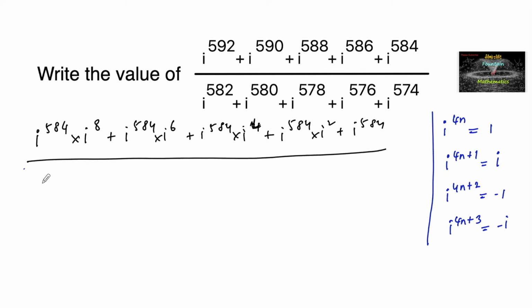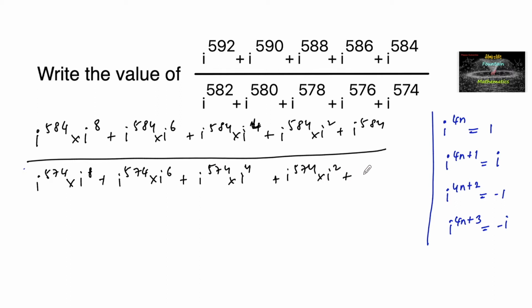Similarly, in the denominator, we can write i to the power of 580. The smallest power is 574. Let me write 574. So i to the power of 574 into i to the power of 8, plus i to the power of 574 into i to the power of 6, i to the power of 574 into i to the power of 4, plus i to the power of 574 into i to the power of 2, plus i to the power of 574.